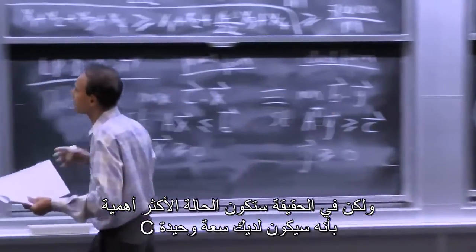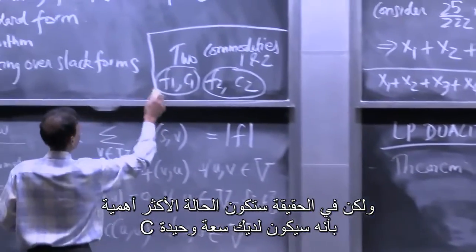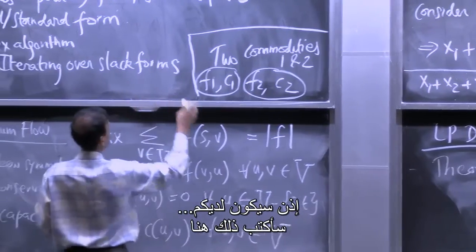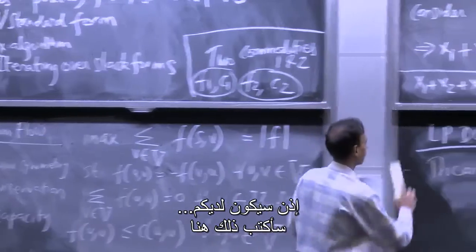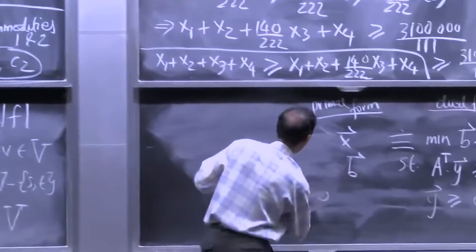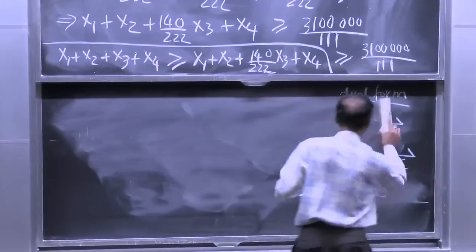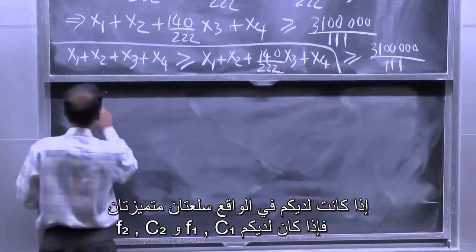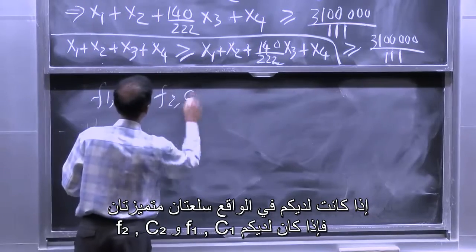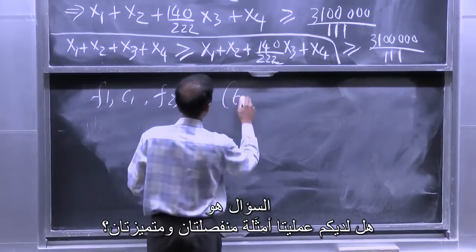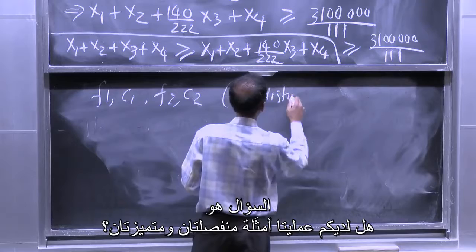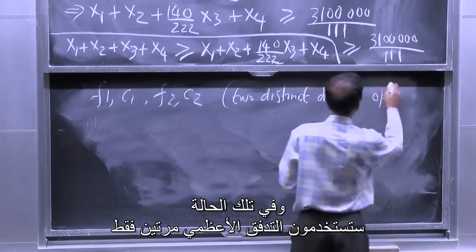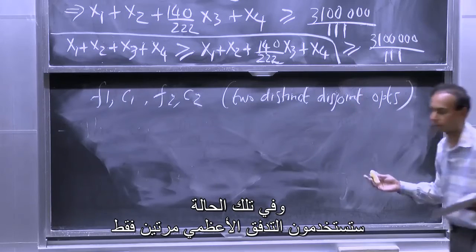But actually, the more interesting case would be that you have a single capacity, C. So let me just write this out here. If in fact you had two distinct things, so if you had F1, C1, F2, C2, the question is, do you have two distinct disjoint optimizations, in which case you just use max flow twice.